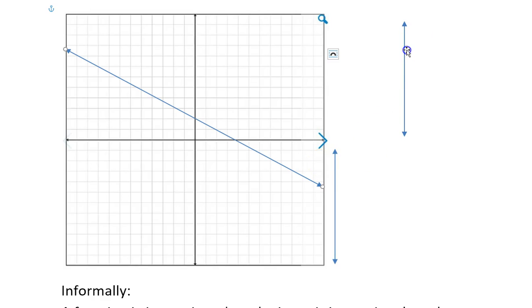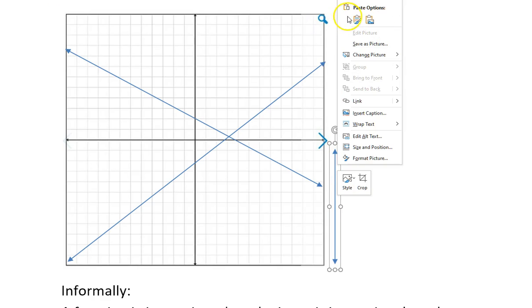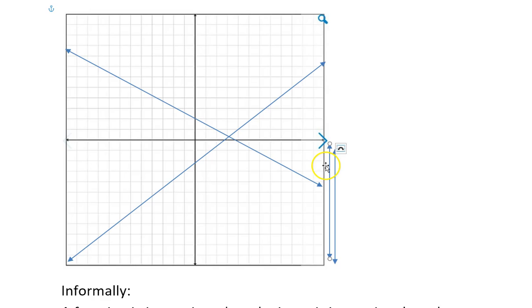Here I am going to have an increasing function. This is an increasing function because it's going uphill, right? This is an increasing line. And then here I'm actually going to do a duplicate of this so we can have our horizontal and we can have our vertical.